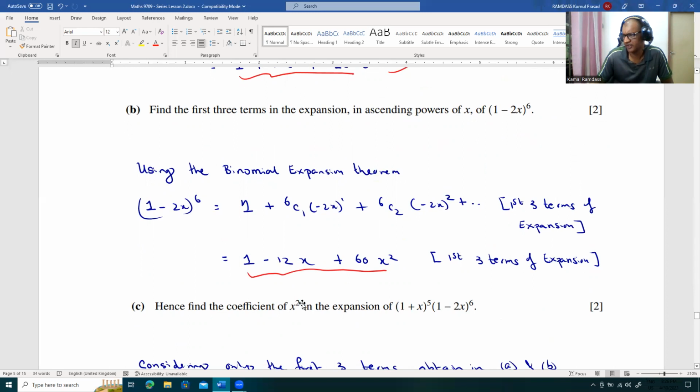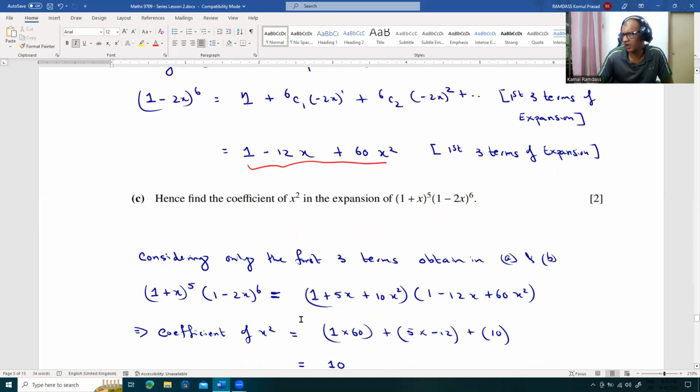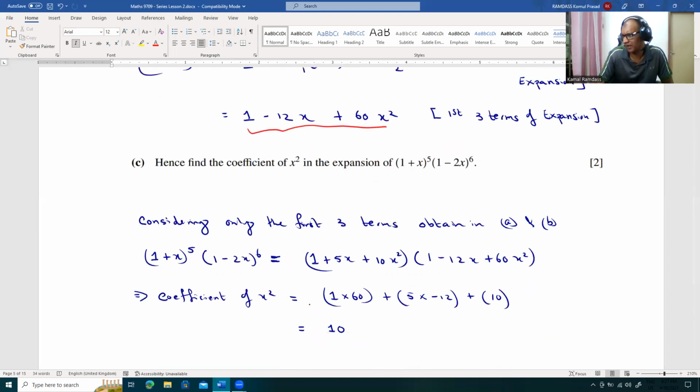Nous retrouvons les coefficients of the terms in x squared, OK? Par exemple, là, nous avons 1 fois 60 plus ou bien moins 5 fois 12, ou bien plus 5 fois négatif 12, plus 10, et divine 10. Et c'est ça la réponse.